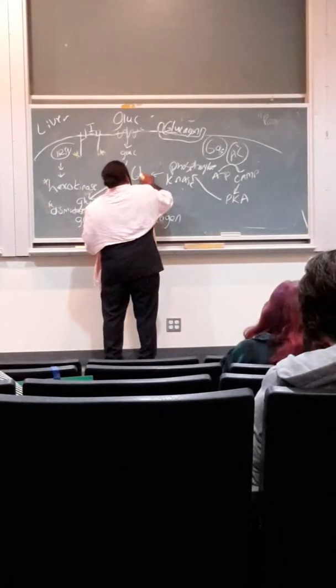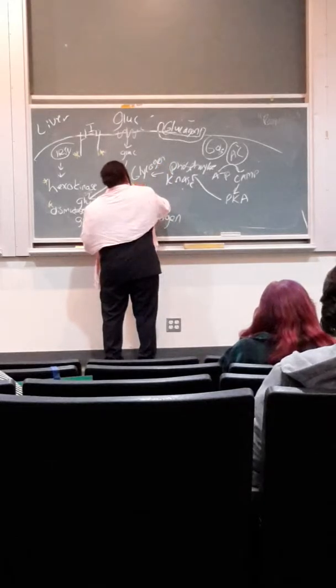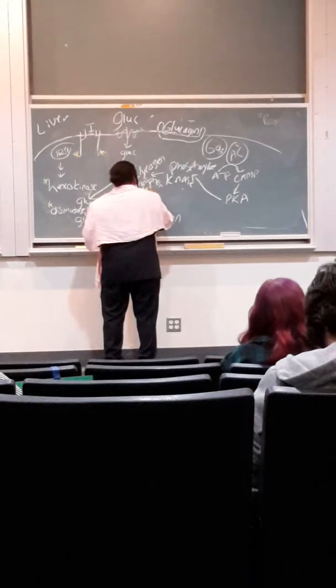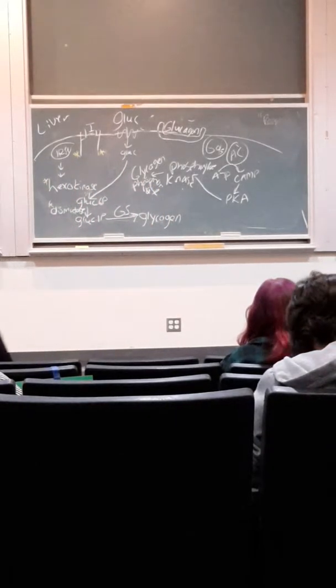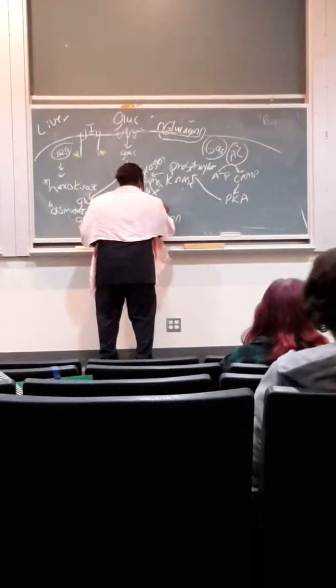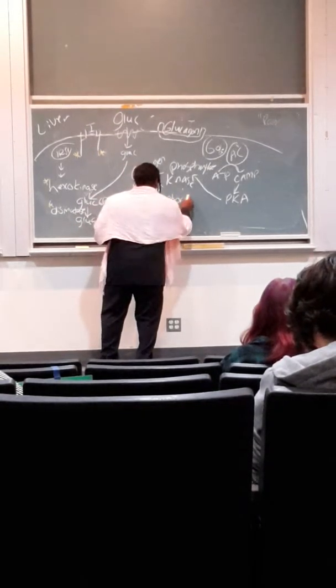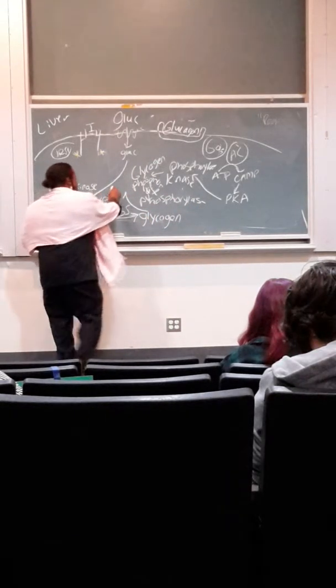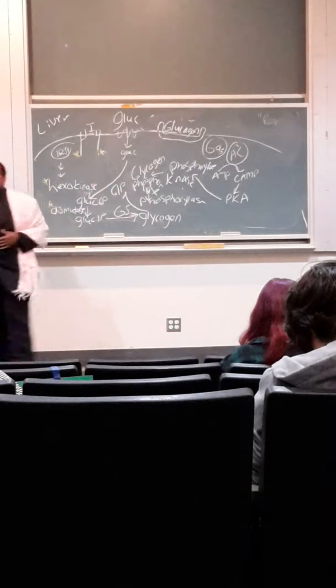Sorry, it's getting crowded. This phosphorylase kinase phosphorylates glycogen phosphorylase, which in its active form is called phosphorylase A. And that ultimately leads to the production of glucose 1-phosphate from the glycogen.